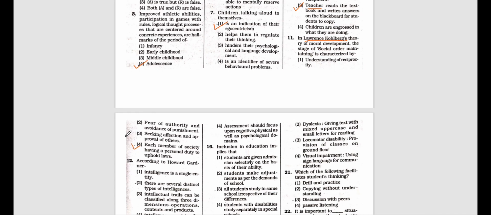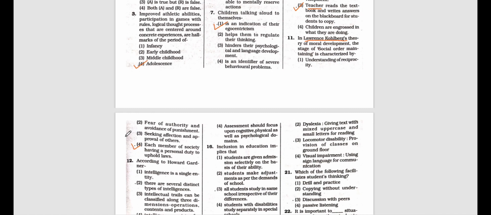Lawrence Kohlberg expanded on the earlier work of a cognitive theorist. Who is the cognitive theorist? That is Jean Piaget. They worked in connection with one another, to explain the moral development of children. Kohlberg believed that moral development, like cognitive development, follows a series of stages. It does not happen in one or two stages. It follows a series. He used the idea of moral dilemmas.